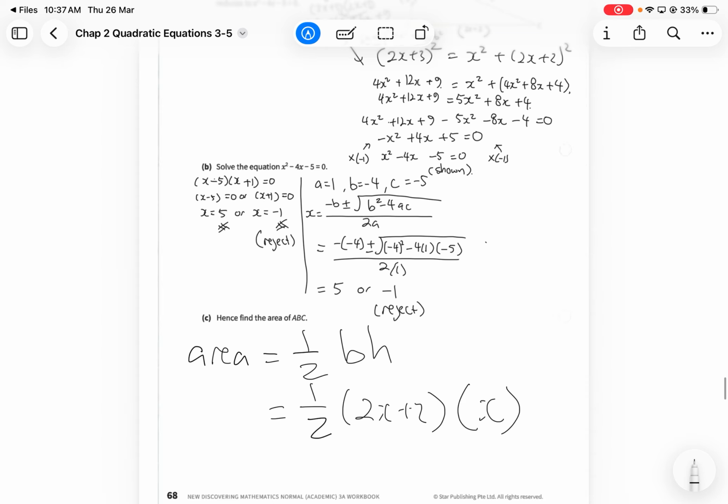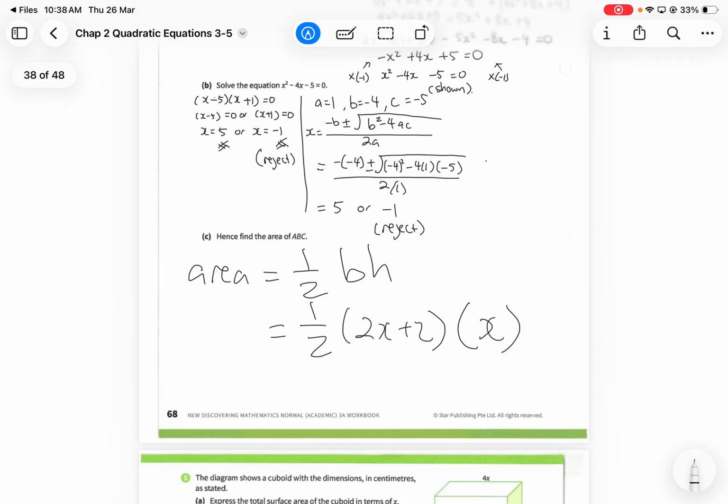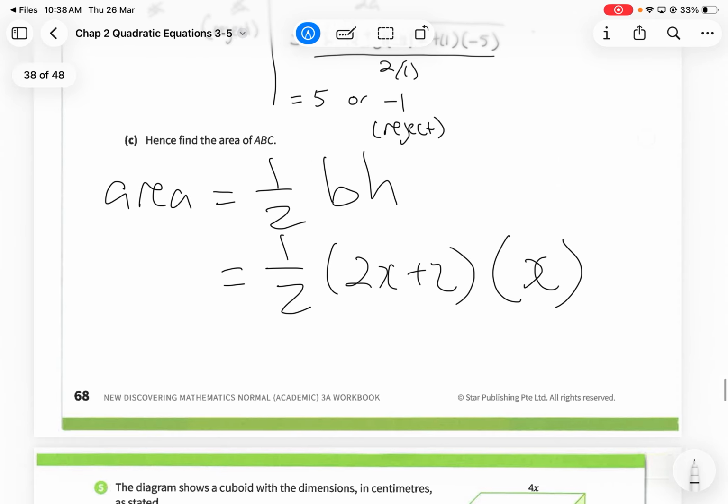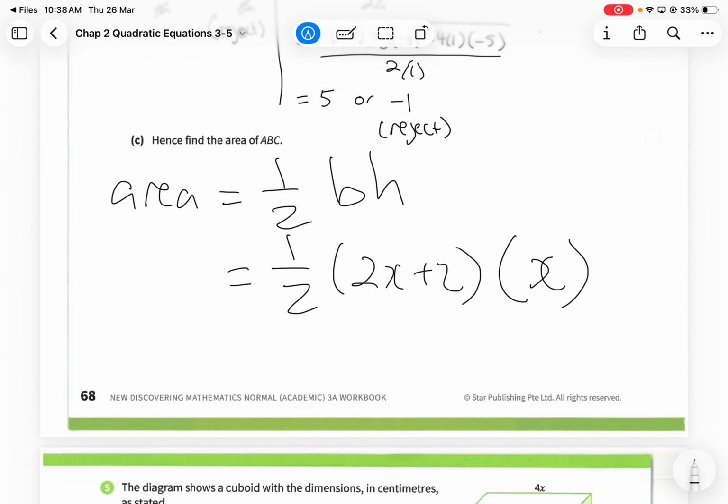Then I have found that x must be equals to 5. So I can do my substitution. We have found x to be equals to 5. Yeah, how come become so big?